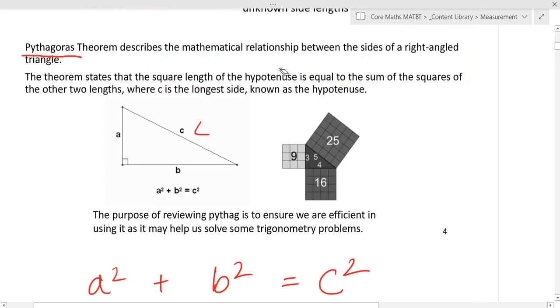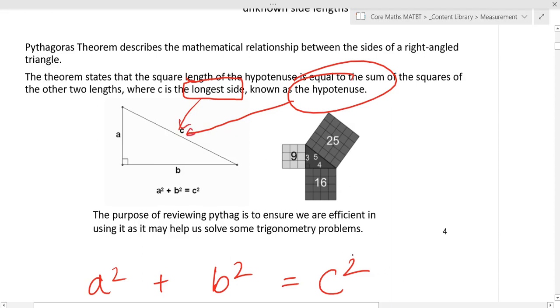Okay, so page 4 or slide 4. Now, does anybody know what C is? What's the hypotenuse? I just mentioned it before, but what's that in a right angle triangle? The longest side. Good. So for any right angle triangle, it's always the longest side. If I look at this triangle, my longest side is this C. So every time you refer to the letter C, it's always going to be the longest side, and that goes for any right angle triangle.